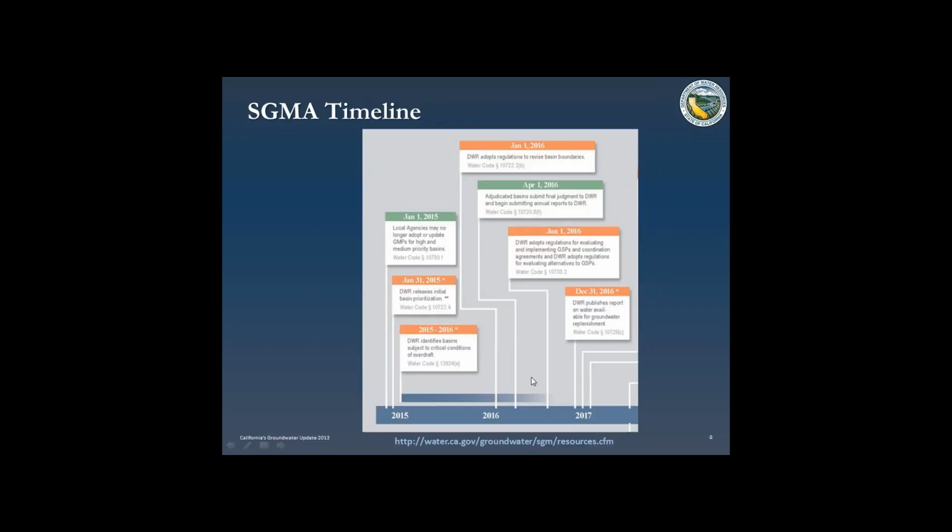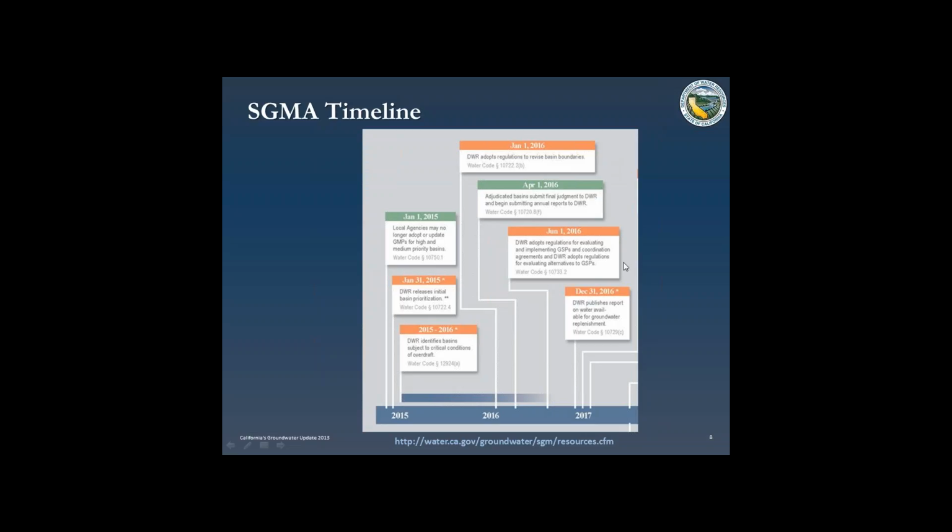And with the blow up, you can see that some of the actions DWR is really front loaded on this SGMA legislation, in that as of January 31st, we had to release the initial basin prioritization. We also have to identify basins subject to conditions of critical overdraft, and then by January 2016, just around the corner, we have to adopt regulations to revise the basin boundaries.